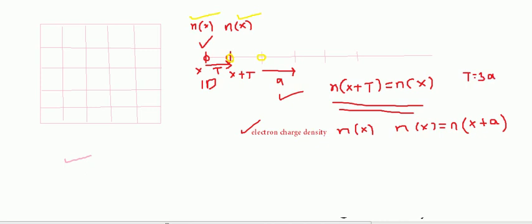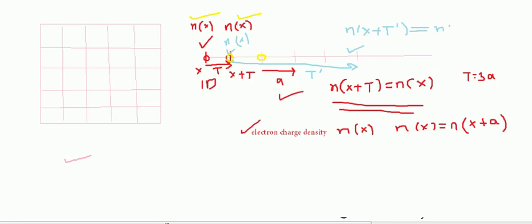So if you move, look at the blue line. If you are at this position, here you are saying that the electron charge density is n of x. Then if you move from this point and reach this point through a translation t dash, what should have happened is that the electron charge density at this position, which is n of x plus t dash, should be the same as the electron charge density that was found earlier.